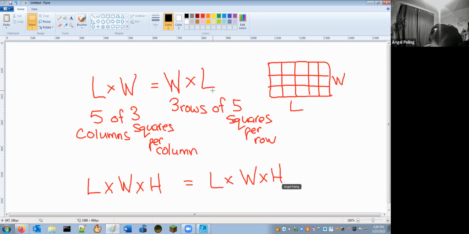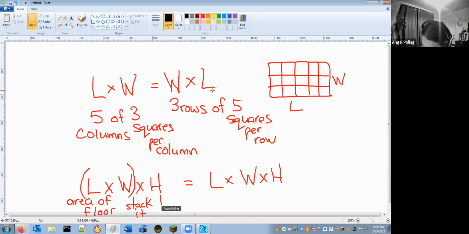So if you look at your room, then you can take the area of the floor and stack it to the ceiling to fill the room, right?